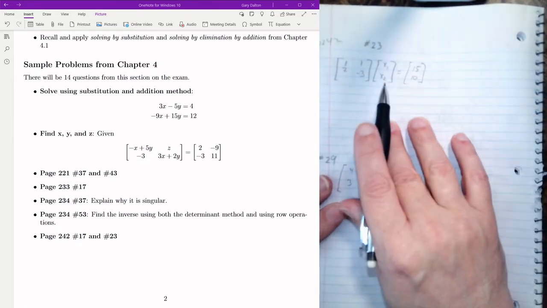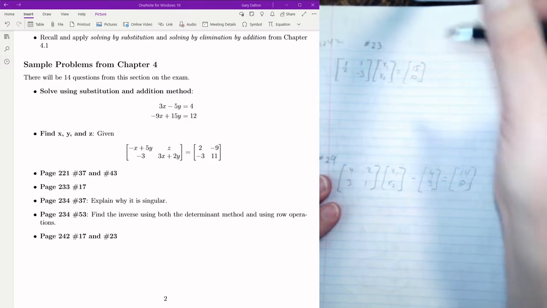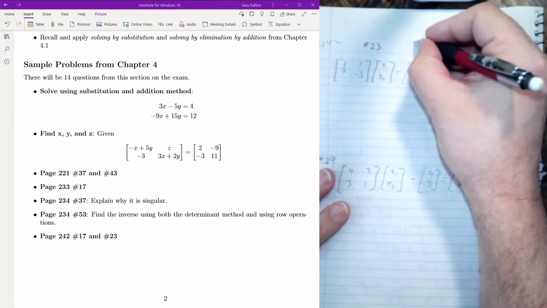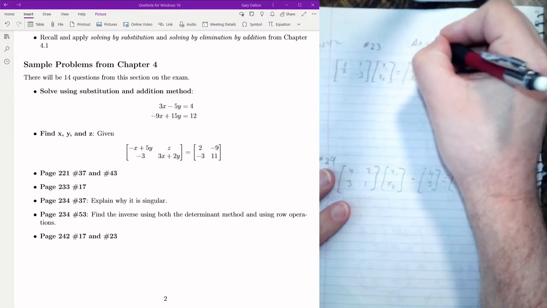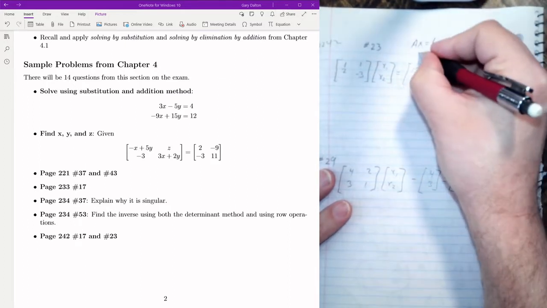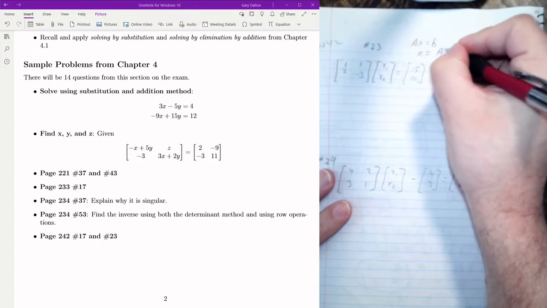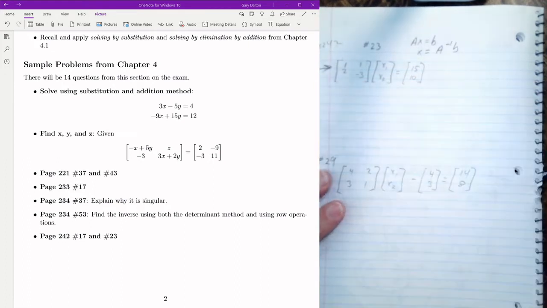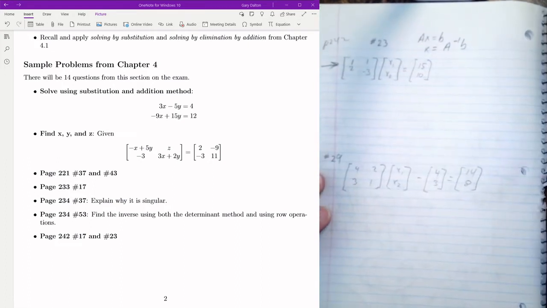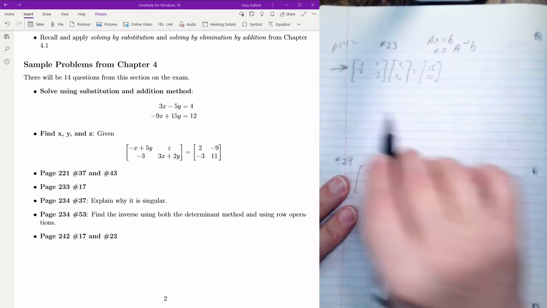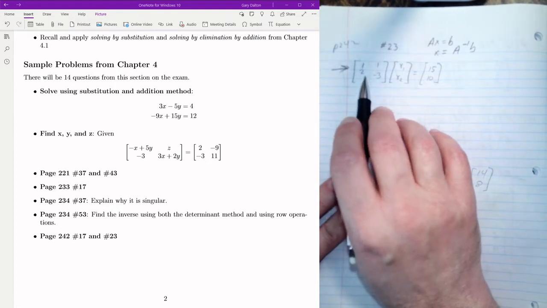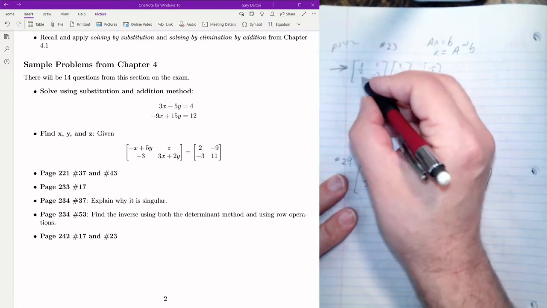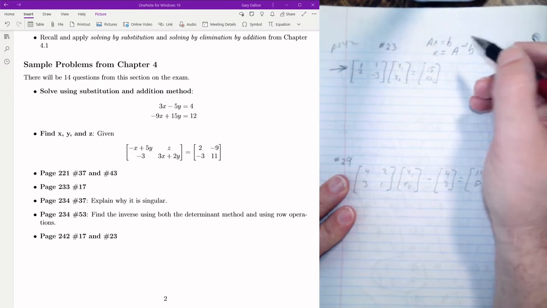So how do we solve this? Basically, this is a matrix equation in the form of AX equals B. We solve this by doing X equals A inverse B. So we need to find the inverse of this matrix. Okay, we'll call this matrix A. How do we find the inverse of this?